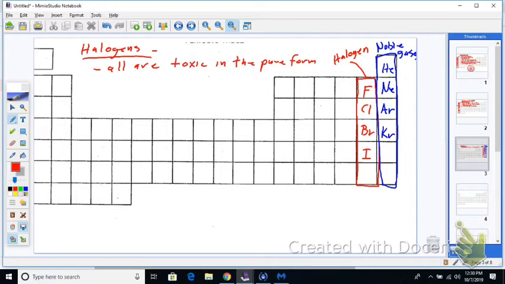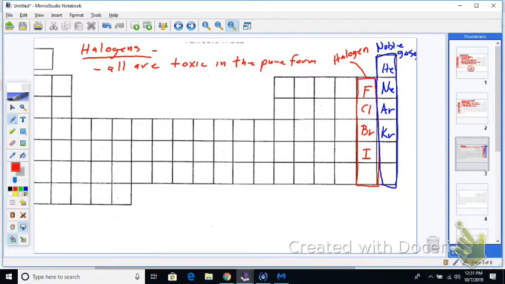Don't drop it, okay? I think if the bromine broke, it would be kind of messy to clean up because it's liquid. But if the chlorine broke, it's such a small amount that it's going to spread out through the room and it's not going to be a big deal.